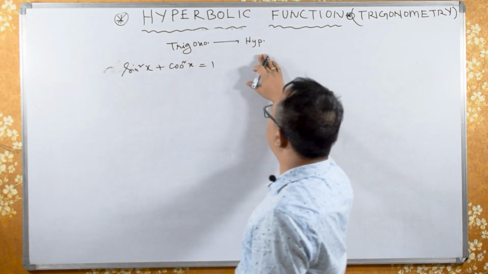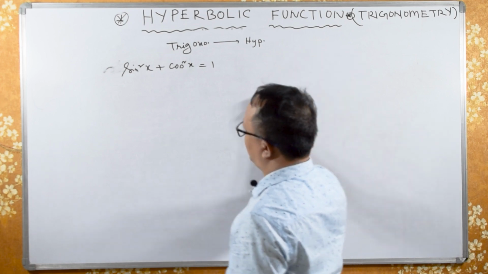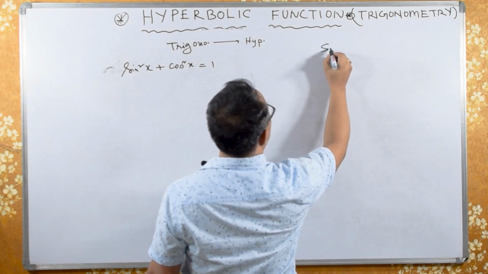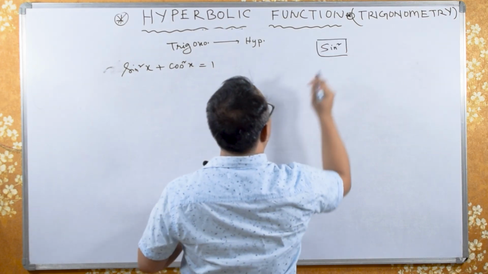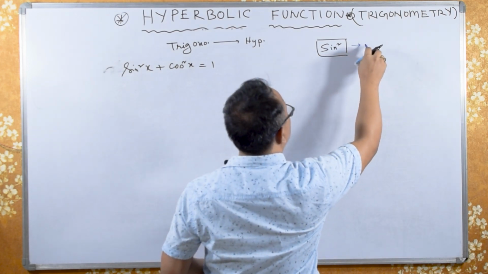Now for hyperbolic, what you have to do is remember those terms which involve sine square. Those terms involving sine square, you change the sign.